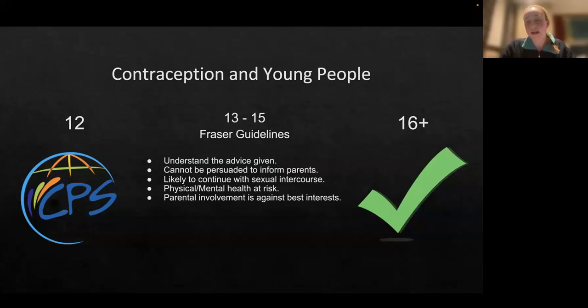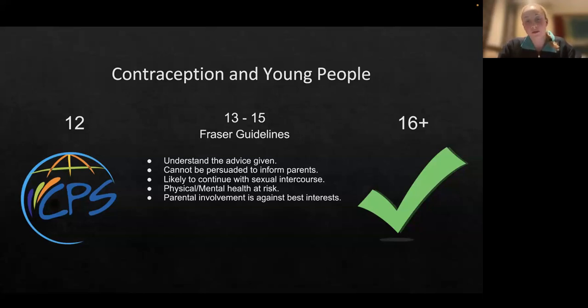Now, with all patients, you would want to, when you're taking a history, make sure that they are feeling safe. And, you know, it's obviously a very different story if you've got a 14-year-old with a 14-year-old or a 15-year-old partner, or if you've got a 14-year-old with a 30-year-old partner.